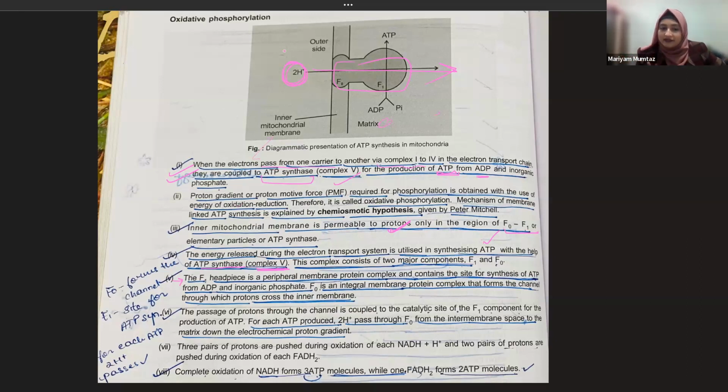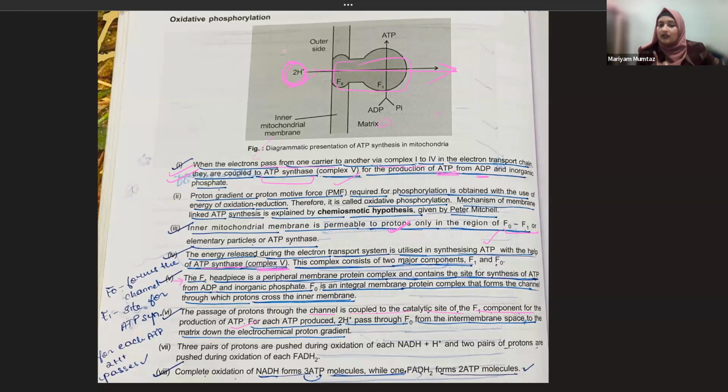So whenever the protons pass this complex, ATP will be synthesized. Meaning whenever protons pass the ATP synthase, that is the complex number 5, then the ATP will be synthesized. Now see, the passage of protons through the channel is coupled to the catalytic site of the F1 component for the production of ATP.